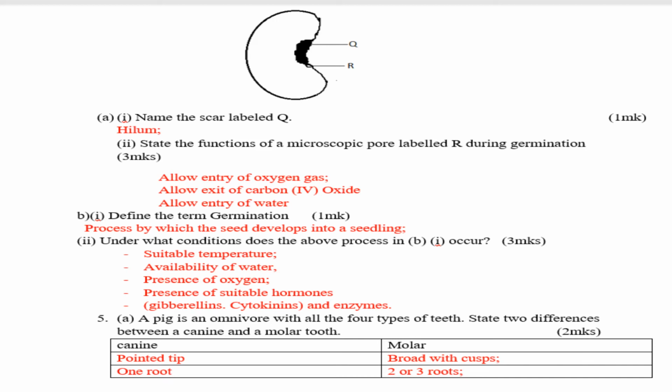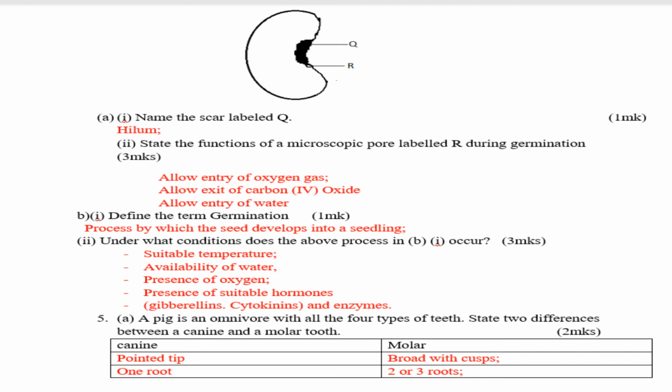Number 1, it occurs when we have suitable temperature. Number 2, when there is availability of water. Water must be there. If there is no water, seeds cannot germinate, and also if there is not enough temperature, the seed cannot germinate. Then we have presence of oxygen. Oxygen must be there.